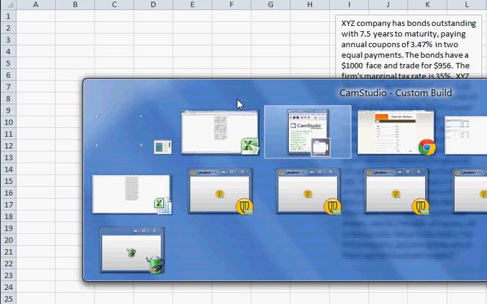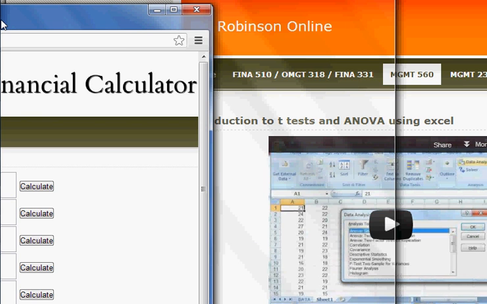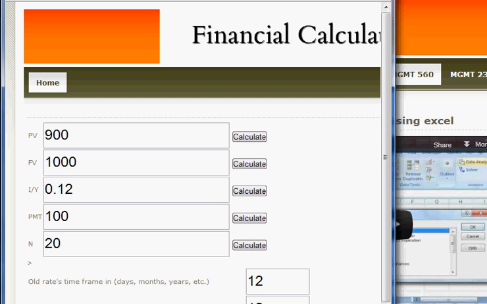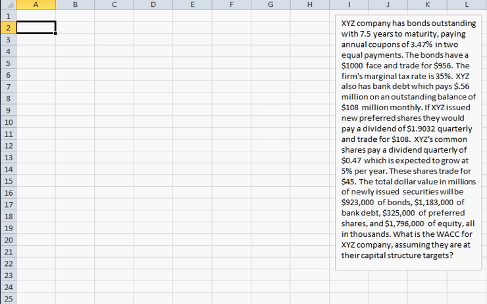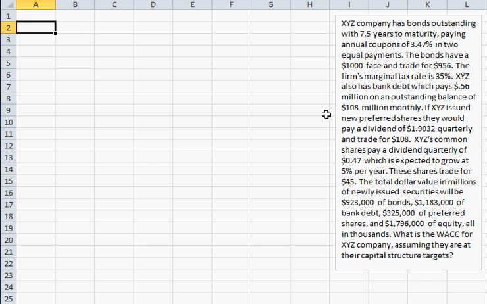So I'm going to pull that over to the side here. We have 7.5 years to maturity, and we're paying semi-annual coupons. So in terms of number of payments, we're getting 15. The payments themselves would be $34.70, 0.0347 times 1,000, but they are received in 2 equal payments.